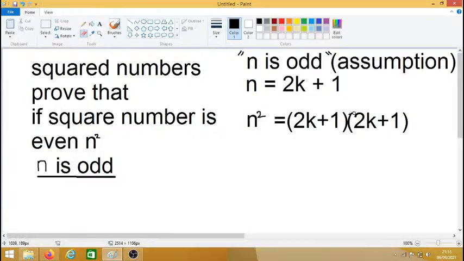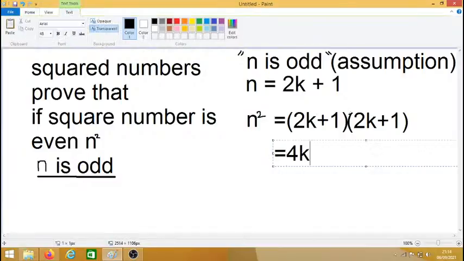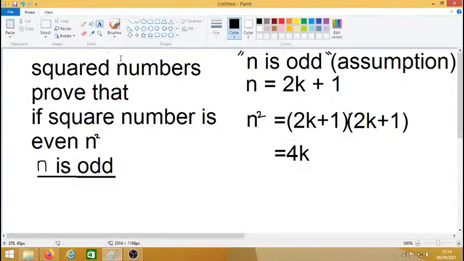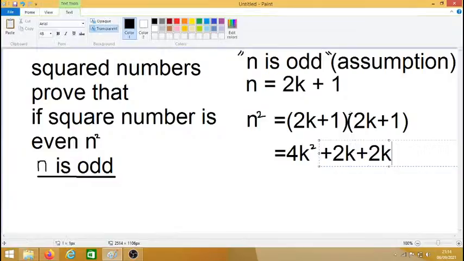So if I multiply that out, you can use any method you like, but you should get, in the end, 4k squared from the 2k times 2k, plus 1 times 2k plus 1 times 2k, so that's 2k plus 2k, and then right at the end, the 1 times the 1 makes 1, so just simplify that as 4k plus 1.